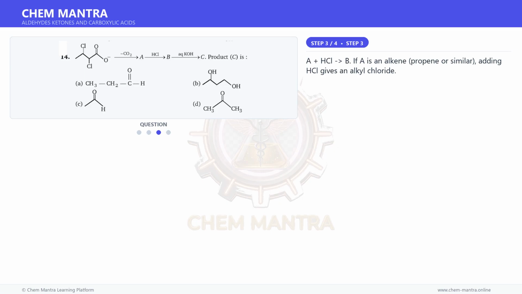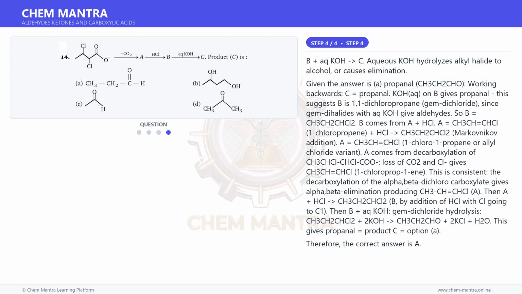A plus HCl gives B. If A is an alkene, propene or similar, adding HCl gives an alkyl chloride. And for the final step, B plus aqueous KOH gives C; KOH hydrolyzes the alkyl halide to alcohol or causes elimination.